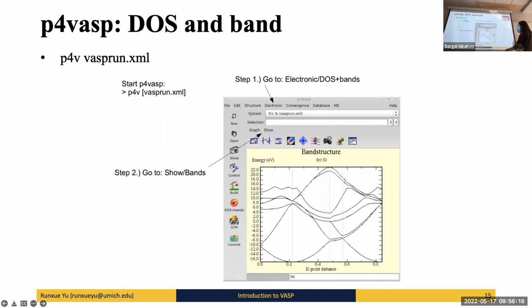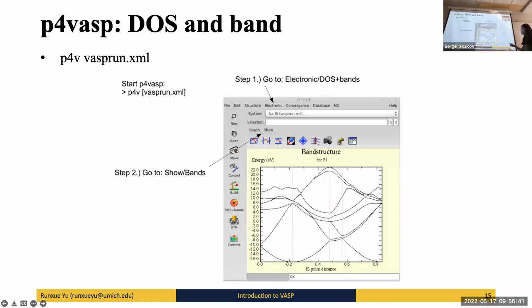And then it has the interface. You start plot for Vasp, and you can select the electronic density of states and bands, and then you click show, and you can show the bands, show the density of states, show the bands and density of states, and other options.